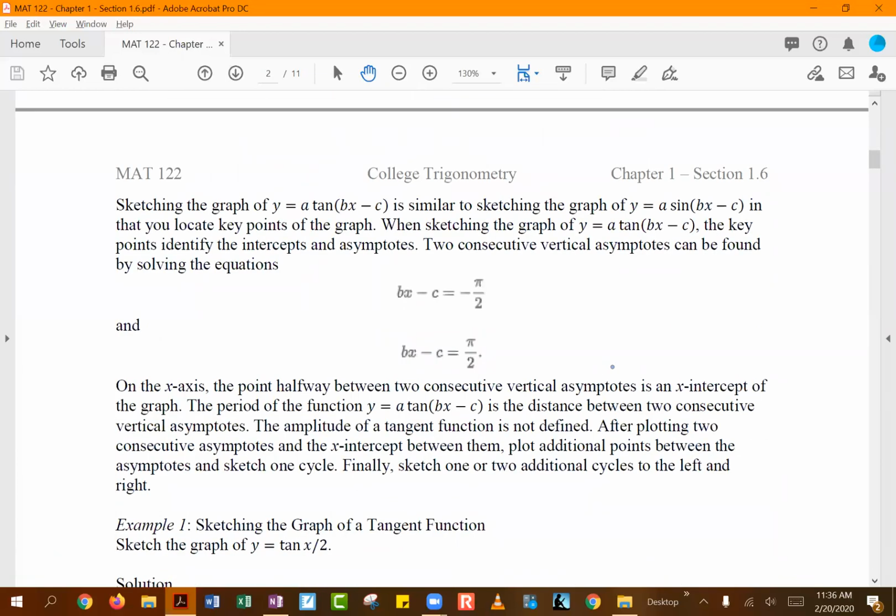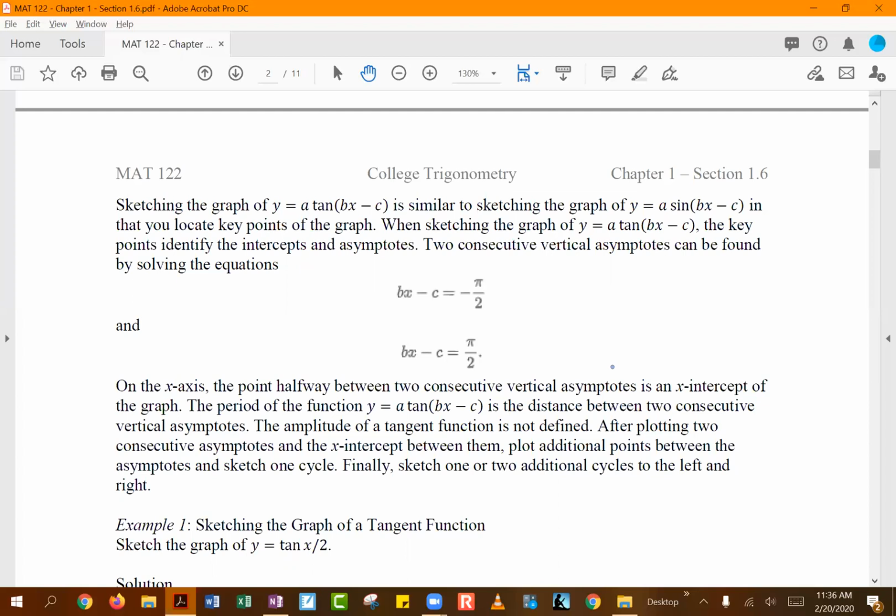All right, so let's talk about sketching the graph here. And I've actually underlined a few things I want to make sure I highlight to you guys. So graphing this is still going to be the same kind of thing as what we did with sine and cosine. You still want to find your key points to graph.